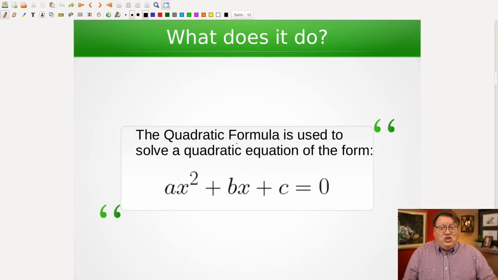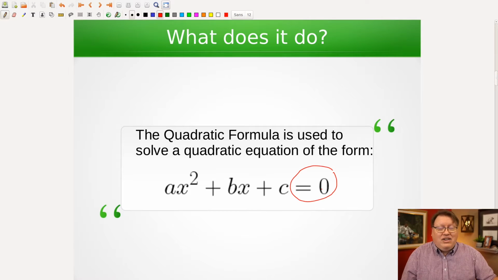What does it do? Well, the quadratic formula is used to solve a quadratic equation, and that equation takes the form of ax squared plus bx plus c equal to 0. The important thing about this formula is this right here. Everything has to be equal to 0.